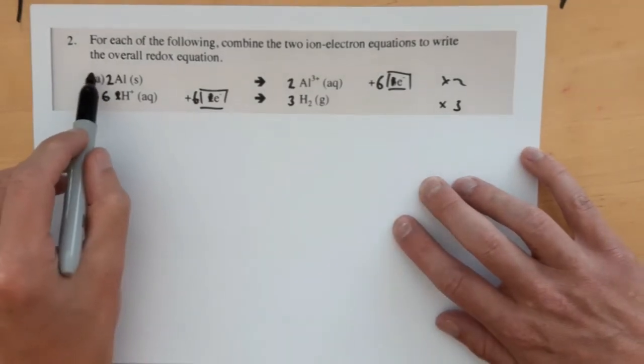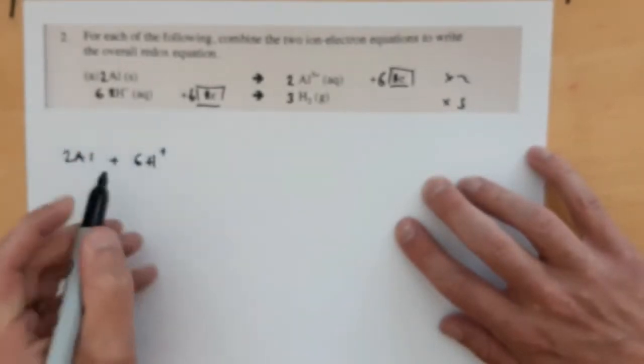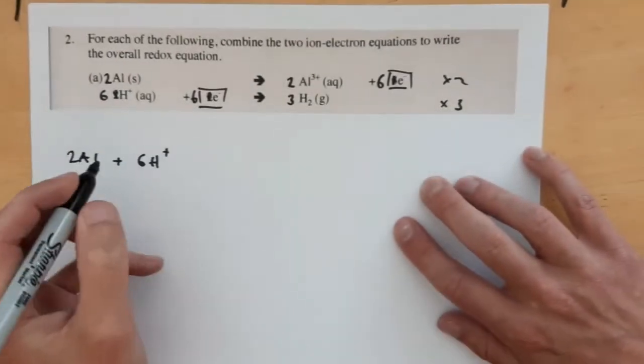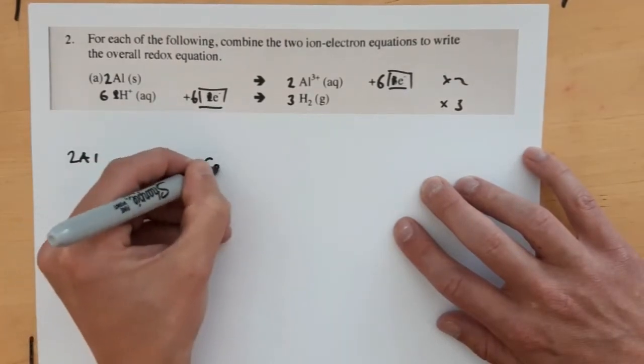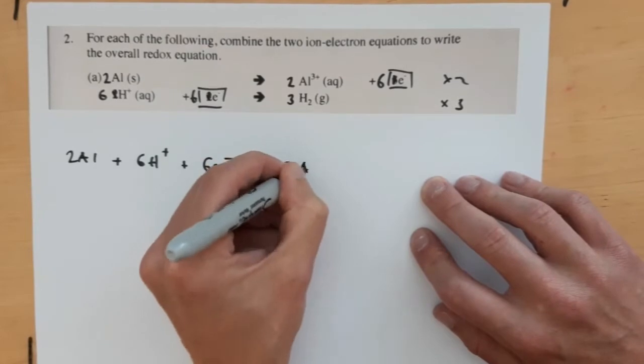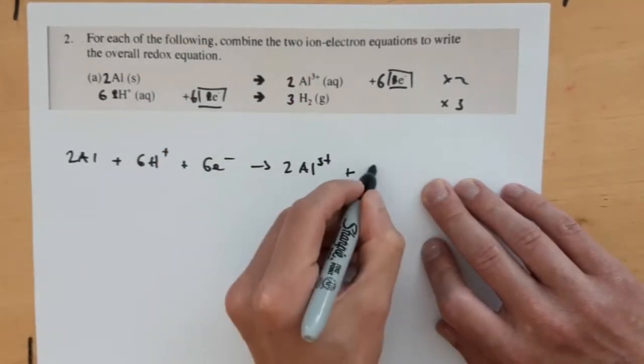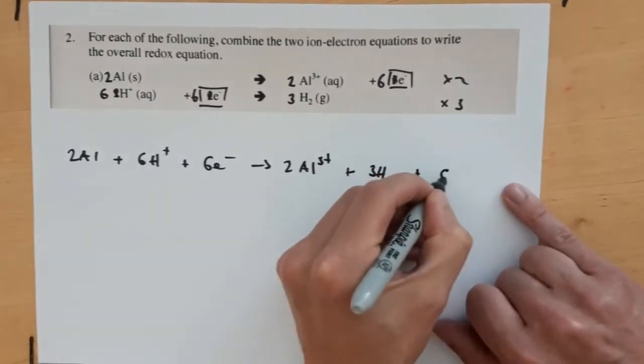So we're going to add all of the reactants here. It's 2Al plus 6H+. For now I'm not doing the state symbols, but really you should do the state symbols to be fully accurate. We'll stick the electrons in for now. And then 2Al3+, all of the products on this side, plus 3H2 plus 6e-.